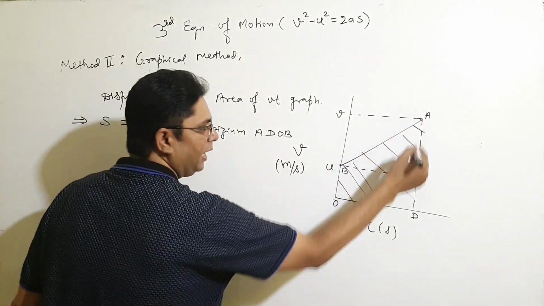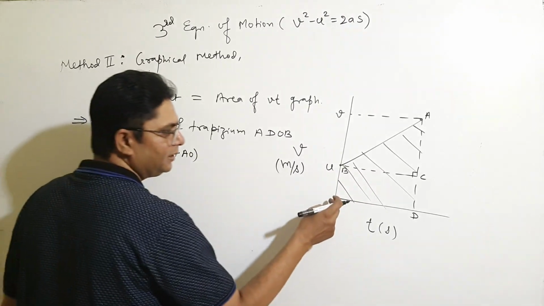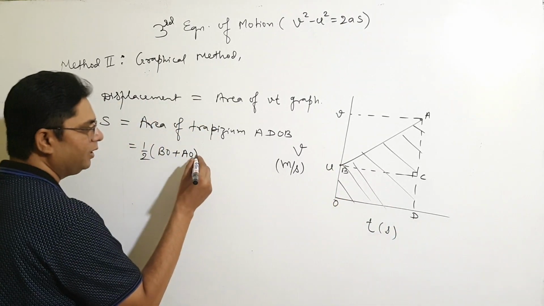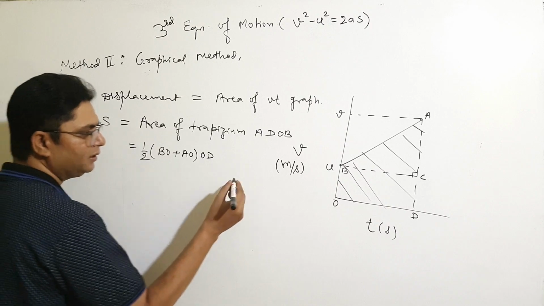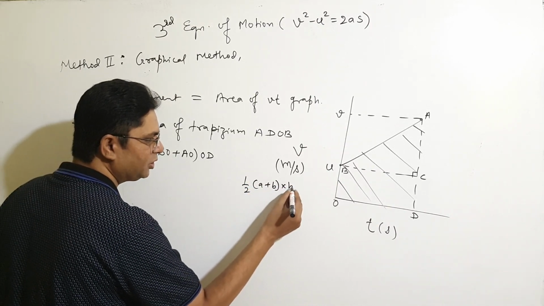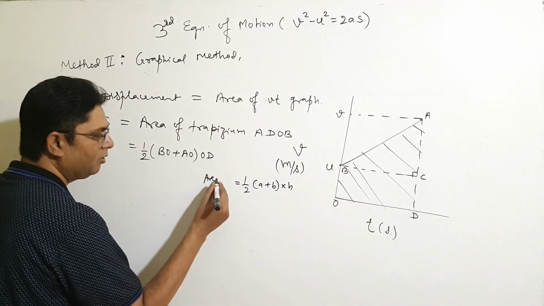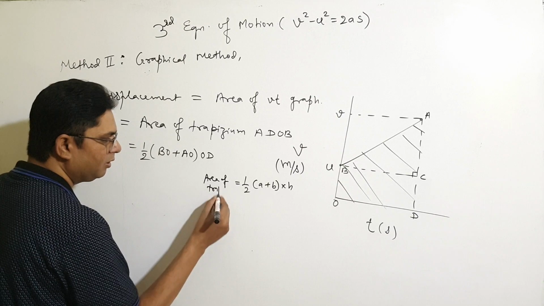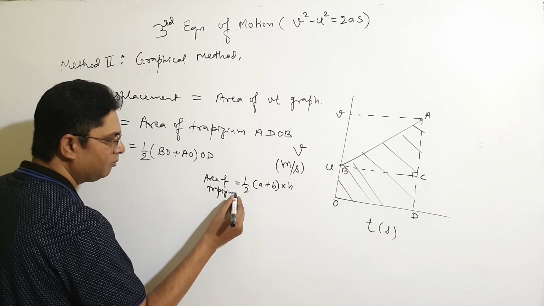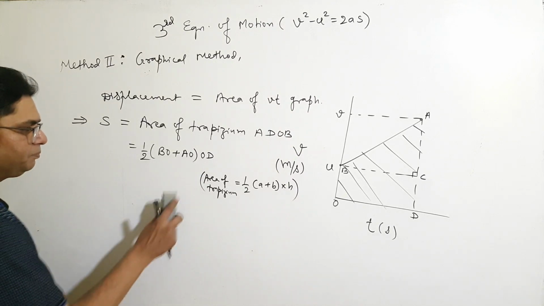BO and AD are the parallel sides, and OD is the perpendicular distance. That is half (a plus b) into h, the formula for the area of a trapezium which we have used here.